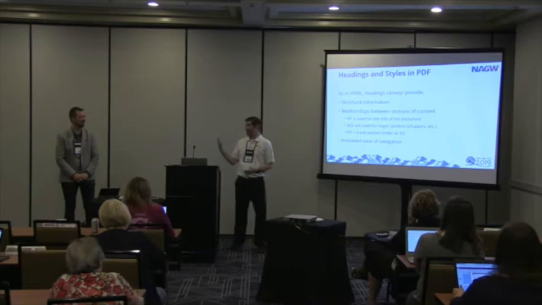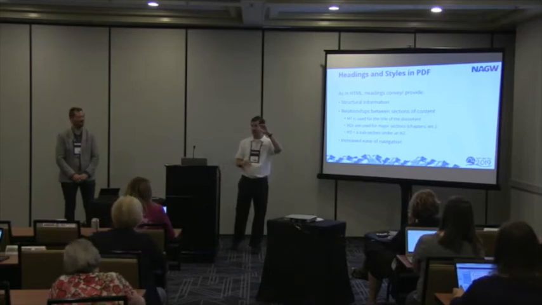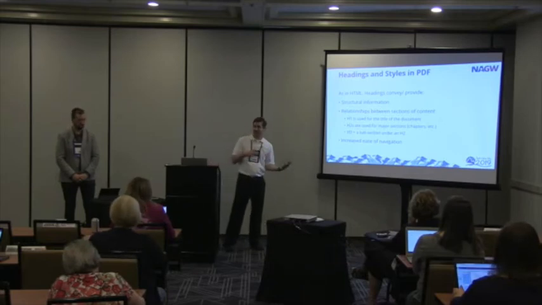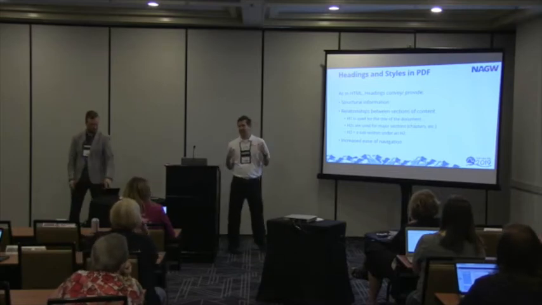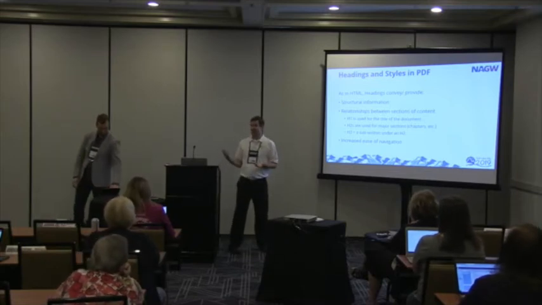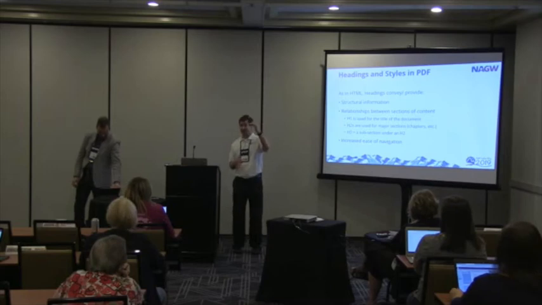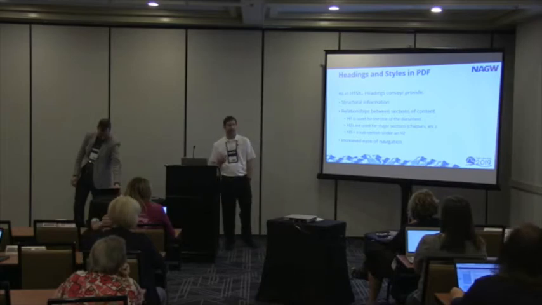So just like with HTML, you've got your H1, and then you go down from there. That being said, there's sometimes debate about how many H1s you can have in a PDF, and to make things even more fun, the PDF standard is changing, but we won't go there right now. For now, go with H1 for your title, and H2s for your major sections, and go from there. Just things to keep in mind.